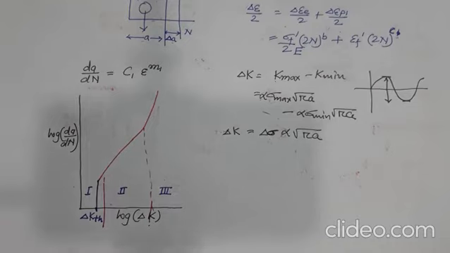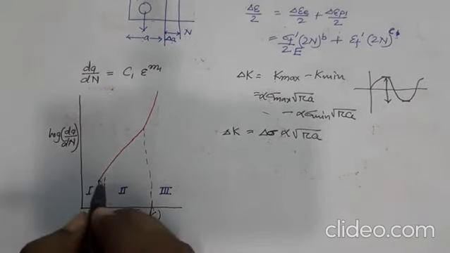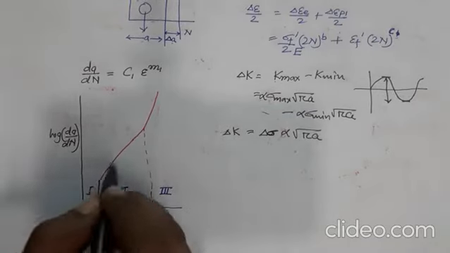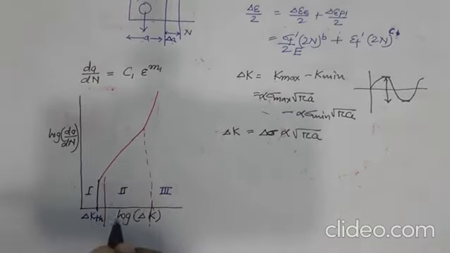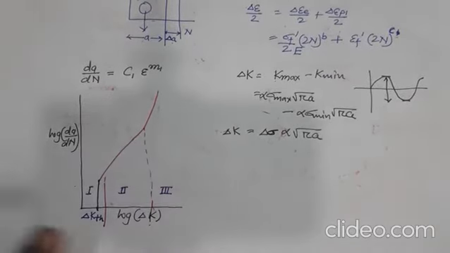And once you apply a delta K which is higher than delta K TH, only then there is a significant amount of crack growth, and then the crack grows with increasing amount of delta K and follows a linear relationship in log scale. Okay. So it is a straight line in double log plot.